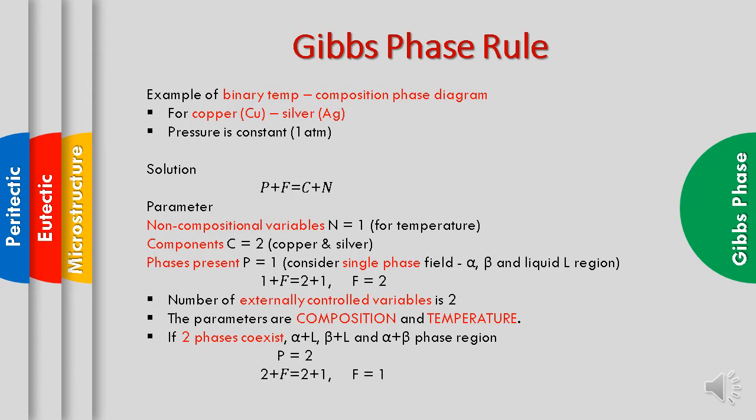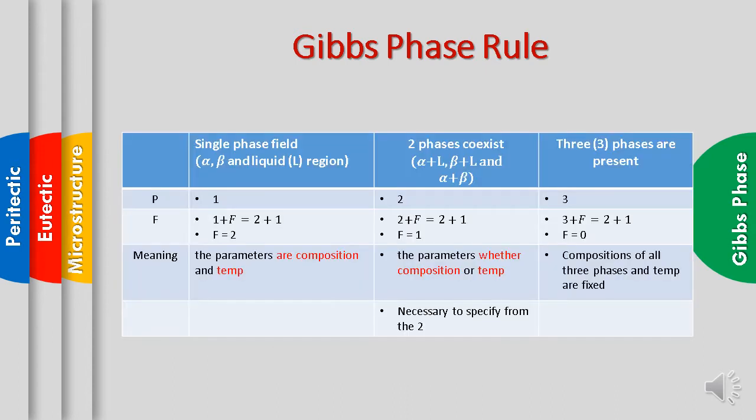So in this case, the external control variable is equal to 1. Okay. So this is the table showing the parameter change in single phase.